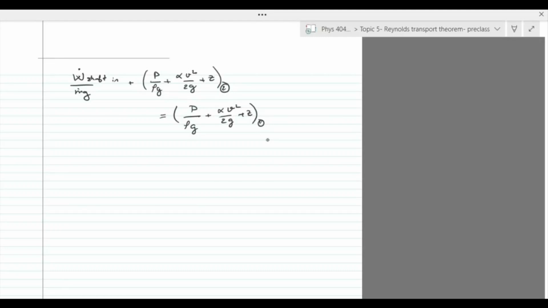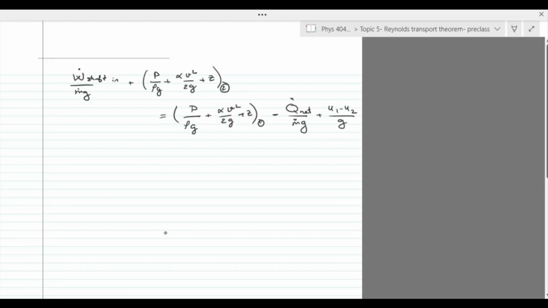You can see that Q dot net, which was on the left-hand side, I'm taking it to the right-hand side. And you can see that I have removed the internal energy from the inside of these brackets, so that I should add here one more term, which is u1 minus u2 over g.